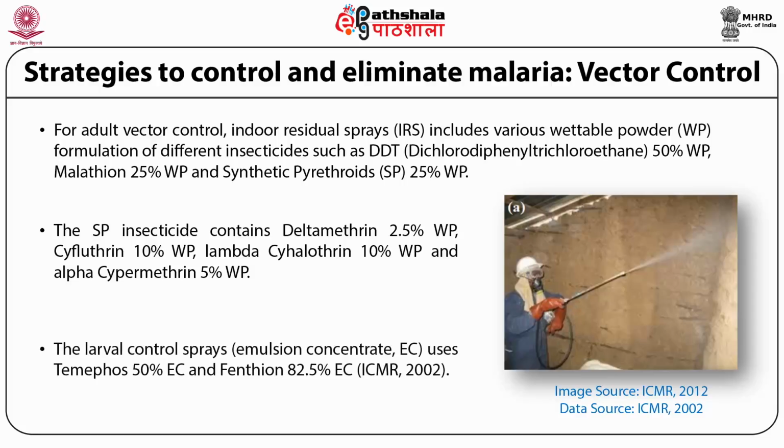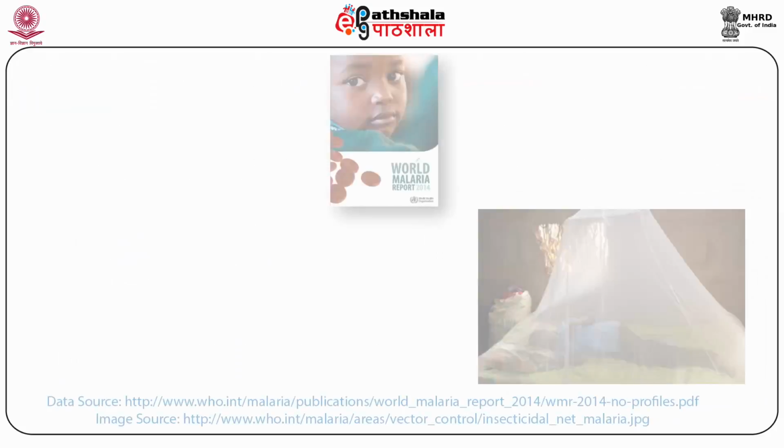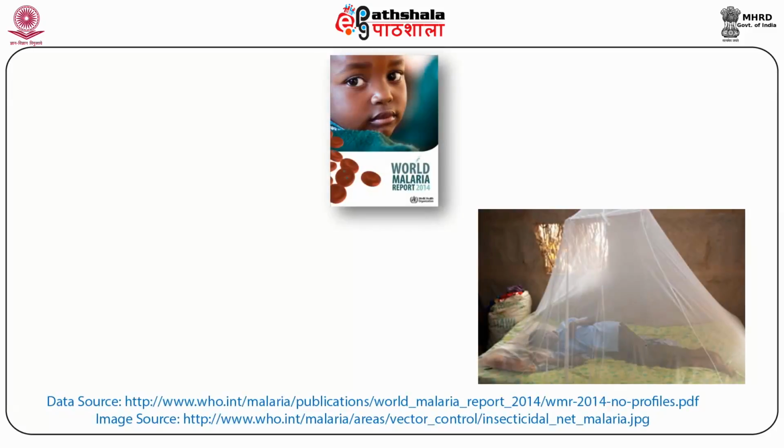The larval control spray, which is also called the emulsifiable concentrate, uses Temephos 50% EC and Fenthion 82.5% EC. The insecticide impregnated bed nets are also treated with these synthetic pyrethroid insecticides and have proved successful in vector control measures.